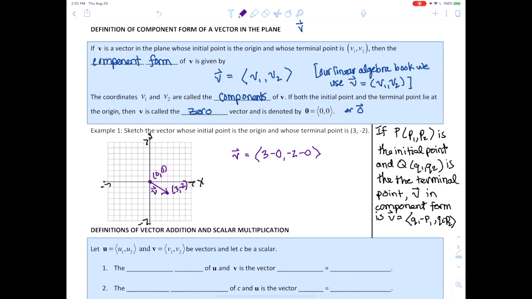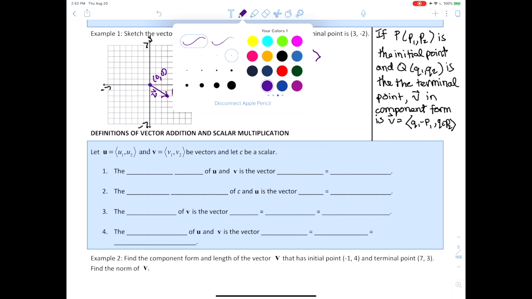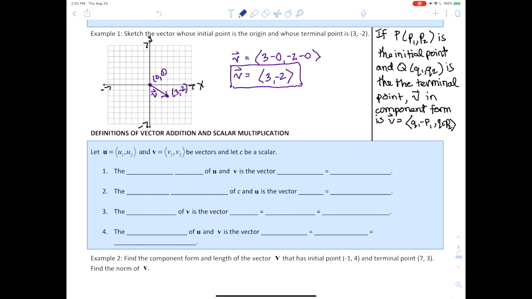Sorry, I've been teaching linear, so I'm used to just putting regular parentheses. So then v would equal (3, -2). Cool, cool? All right. So there we have it. Our first vector, we sketched it and put it in component form. Woohoo! Let's move along.